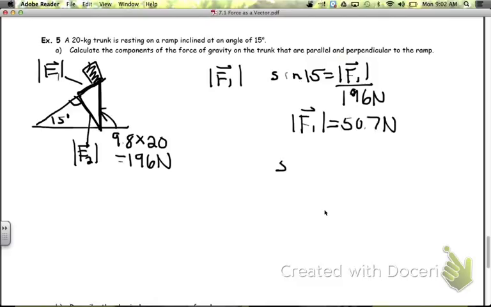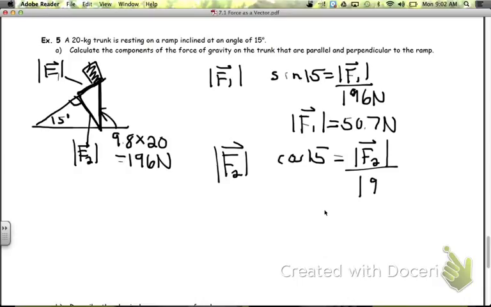For our force 2, we're going to use cosine. Using SOHCAHTOA, cos 15 is our force 2 over 196.